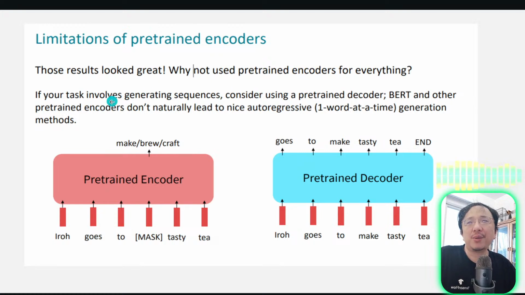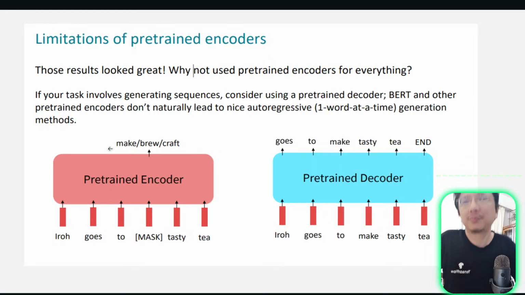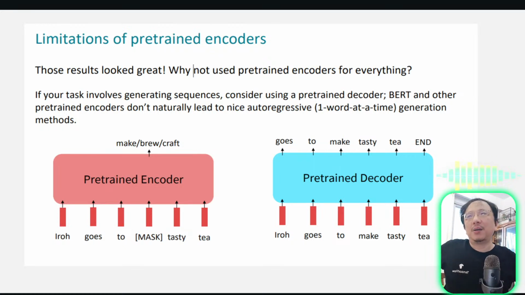Okay, so one of the limitations of this transformer encoder, or this pre-trained encoder, is that it is not very good for generating things.